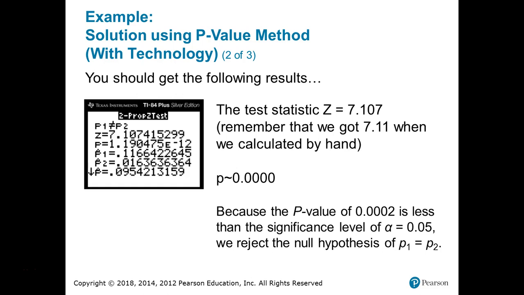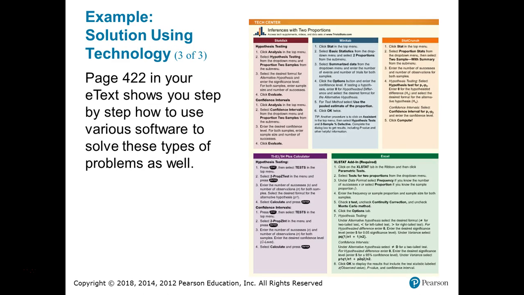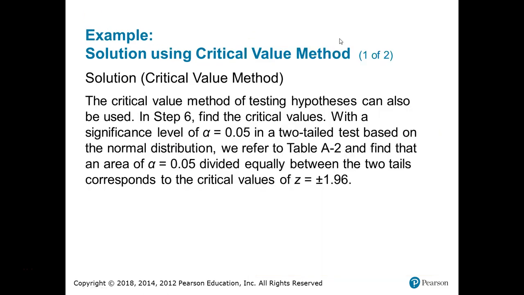So because the p-value, which is essentially 0, is less than the significance level alpha, once again, we reject the null hypothesis. Also, you should know that your textbook shows you step-by-step how to use various software to solve these types of problems. We did the TI-83/84. You can use Excel, you can use StatCrunch, or any of these other ones.